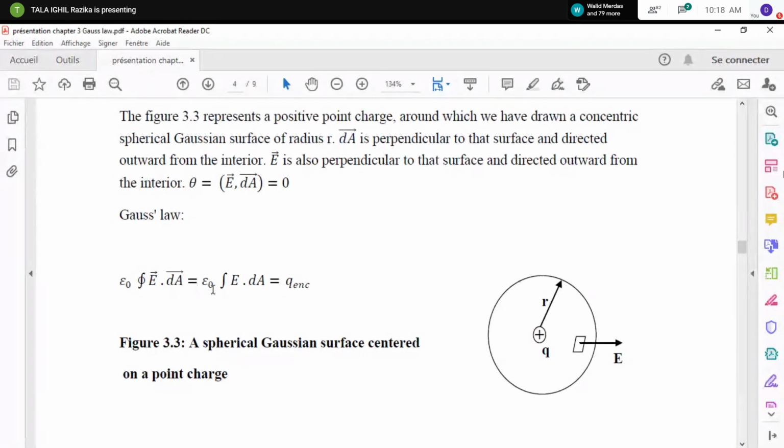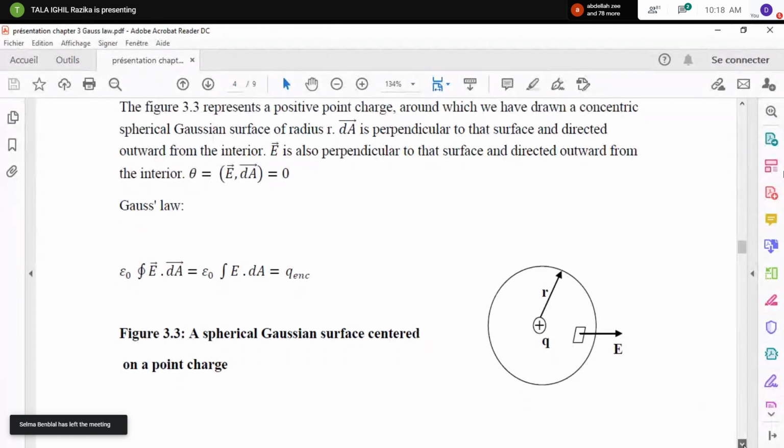You remark that dA also is radial, like this, so it is parallel to E. This is why we can remove the vectors and we get E dA directly. And according to Gauss law, the electric field is constant in the small area dA, so we can take it out of the integral. This is why it will be simple to integrate.